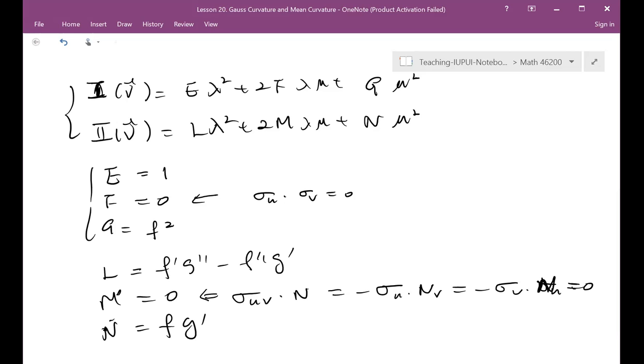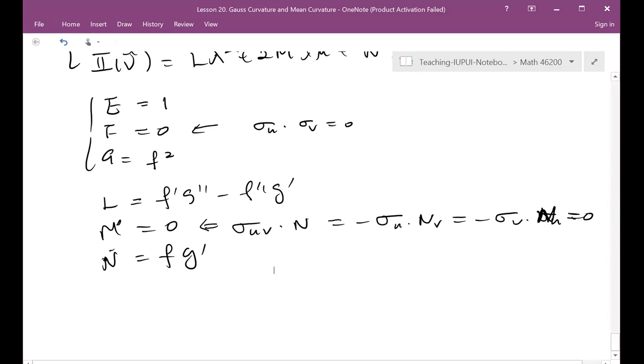All right. So let's compute the Gauss curvature and the mean curvature.